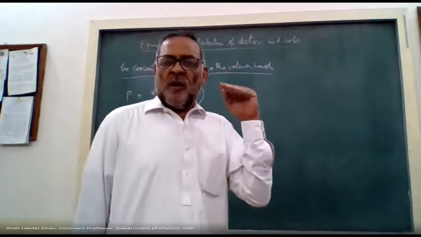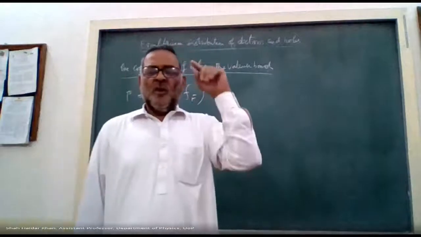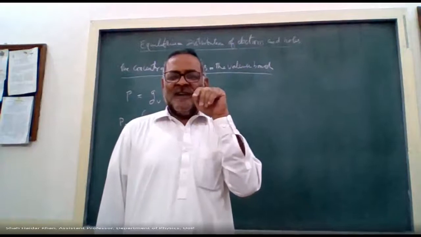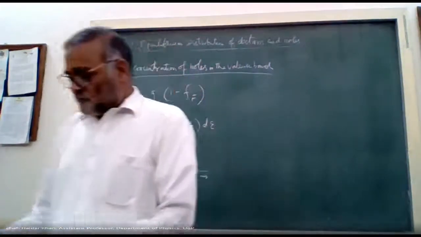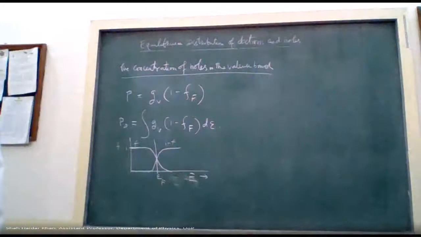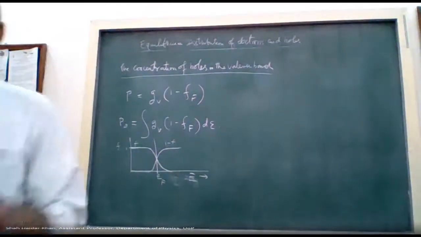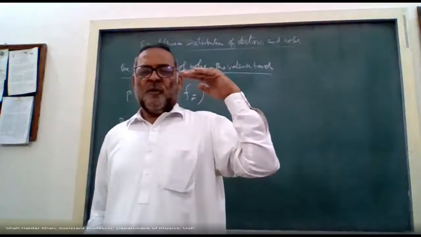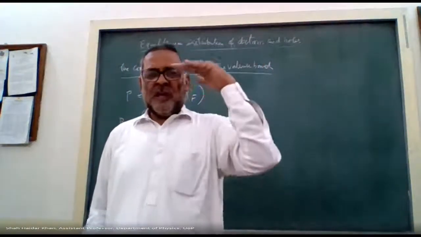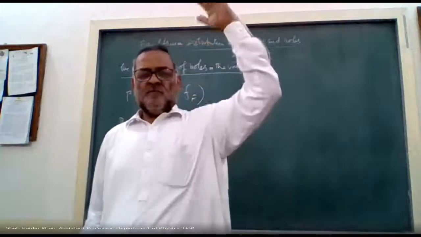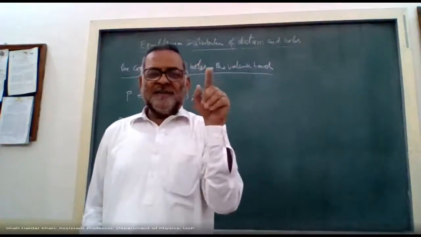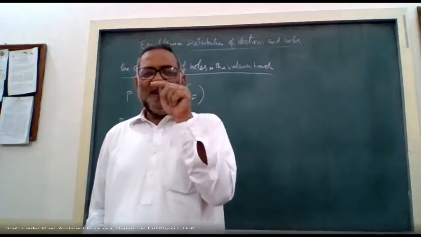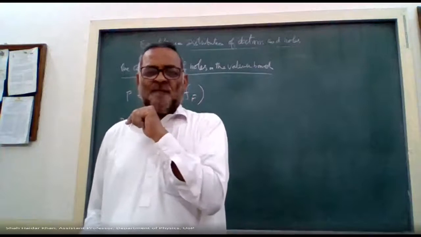So for energies above the Fermi level, EF plus any energy, f is equal to 1 over 1 plus e to the power E minus EF over KT.